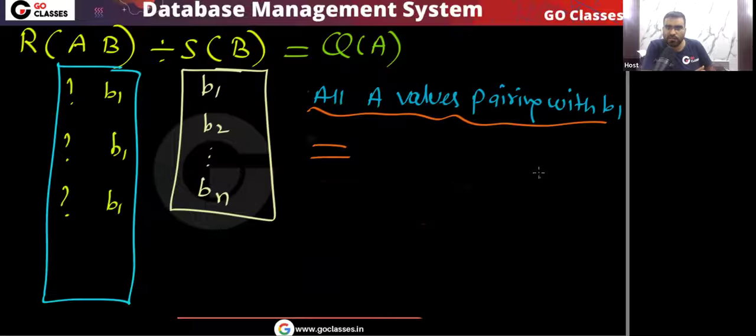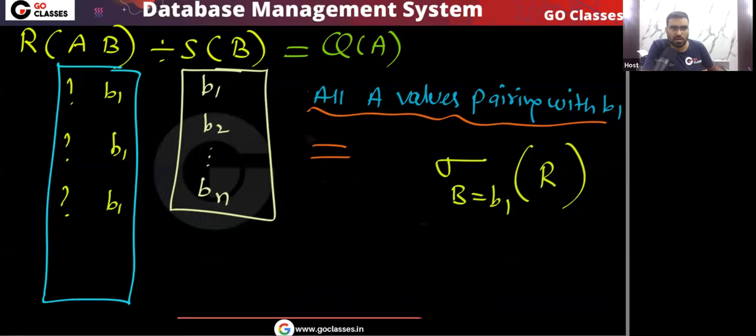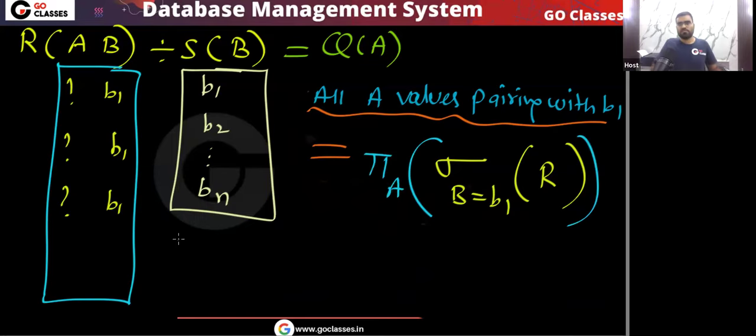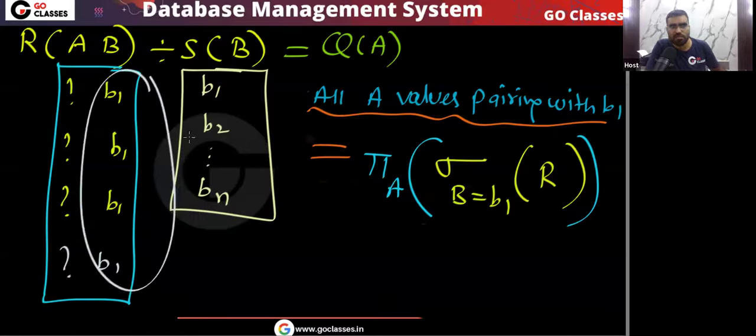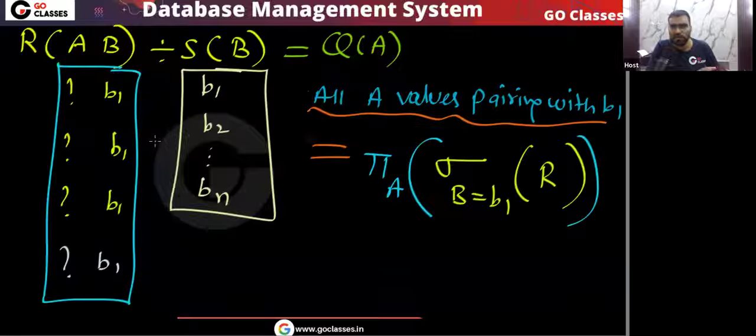From the R table, you select tuples where B equals B1, and then you project A. Do you agree? Please tell me. I want all A values which are pairing with B1.